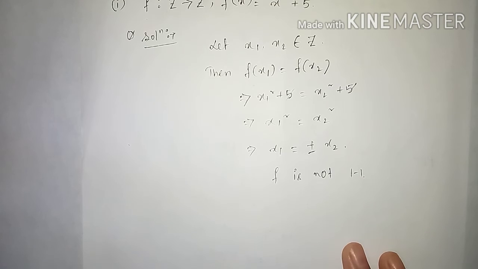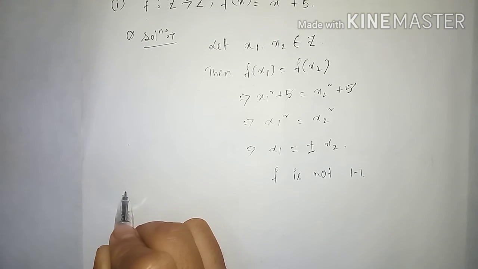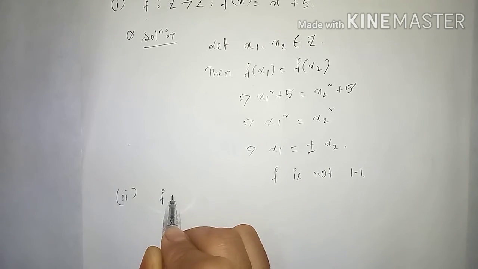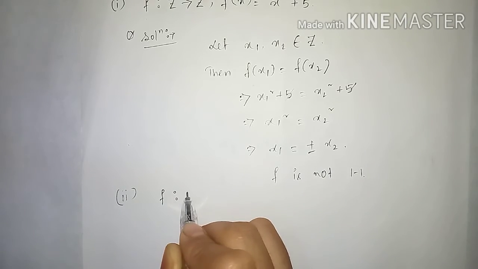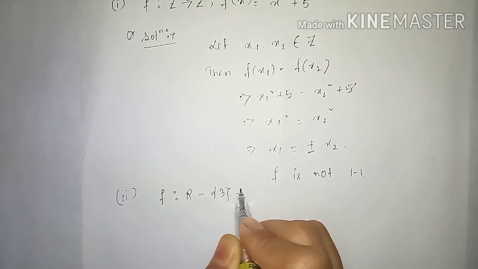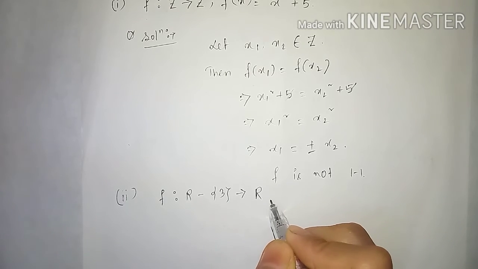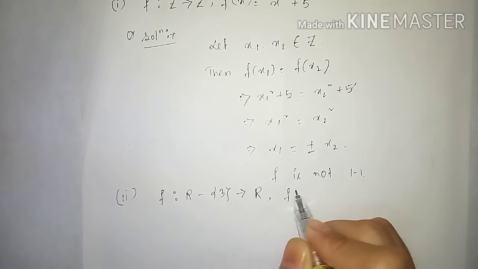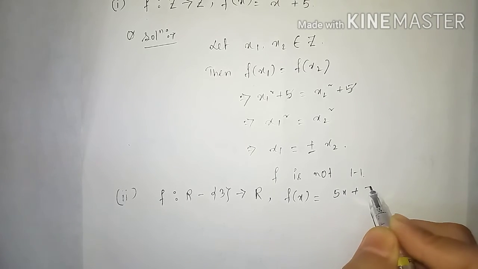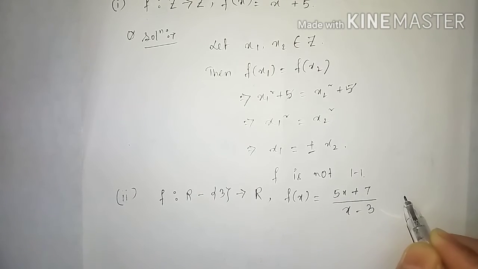Let's jump to the next question. A function f from R minus 3 to the set of real numbers R is defined as f of x equal 5x plus 7 divided by x minus 3.